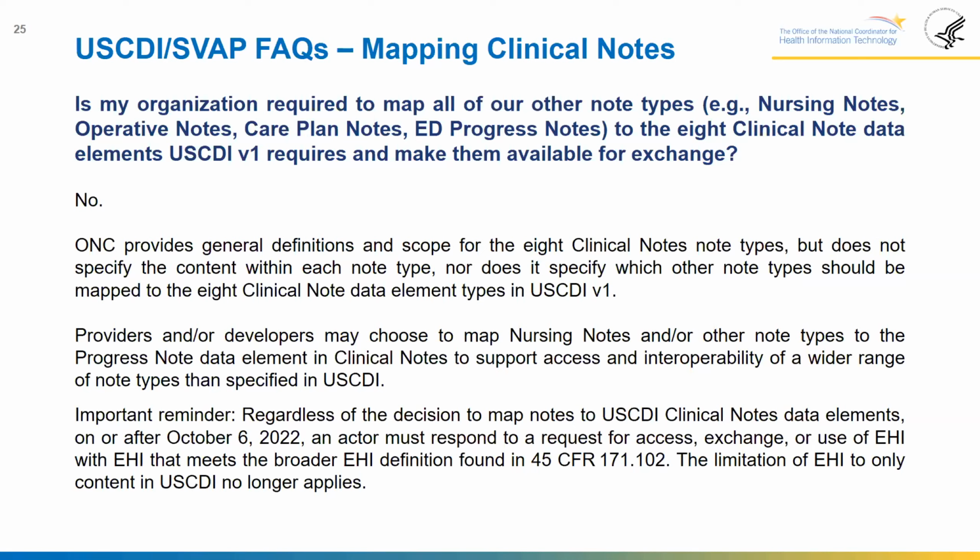Following that date, the definition of EHI expands to go beyond what was only required prior to that date. So what that means is that whether or not you've mapped certain notes to one of those 8 USCDI clinical notes, you may be required to exchange those other clinical note types after that date, based on their inclusion in the broader definition of electronic health information.